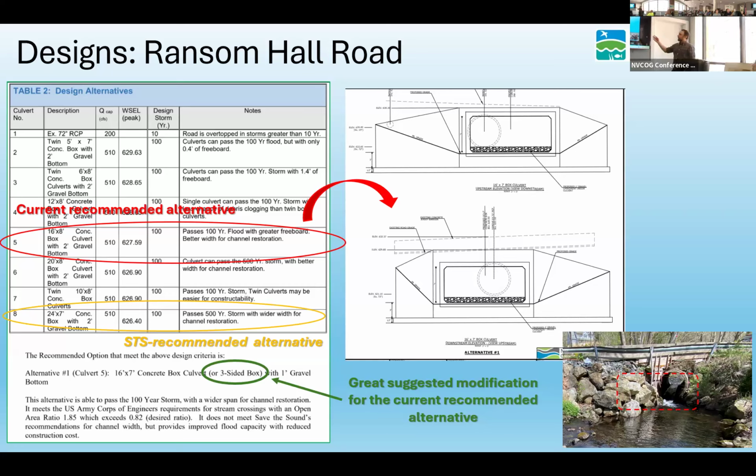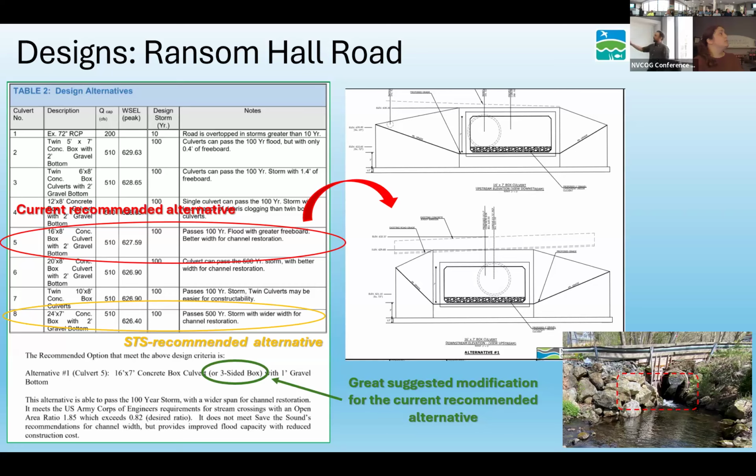Luke's was leaning towards a smaller structure, 16 feet by 8, and a box, or potentially this 3-sided box, which Paul touched on previously. A much better ecological option would be having an open bottom for a natural substrate.